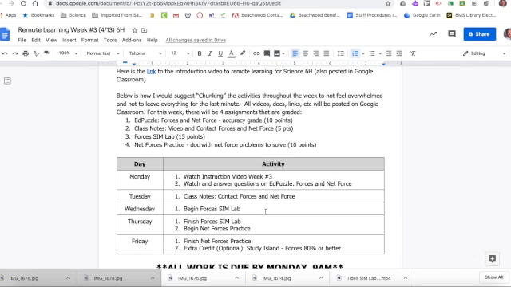To earn extra credit, you have to score 80% or better on your best session. So if that means you have to do it 2 or 3 or 4 times before you get over 80%, keep doing it, because if you don't get over 80%, I am not going to give you credit for it. You can do it as many times as you would like, and again, that's just extra credit. I put that on there as Friday.